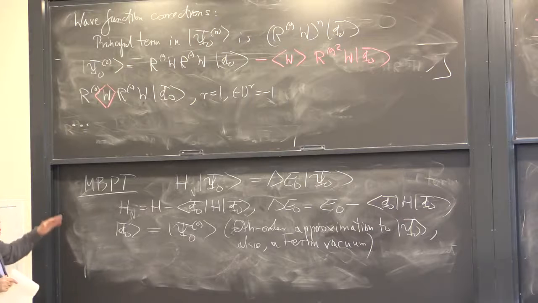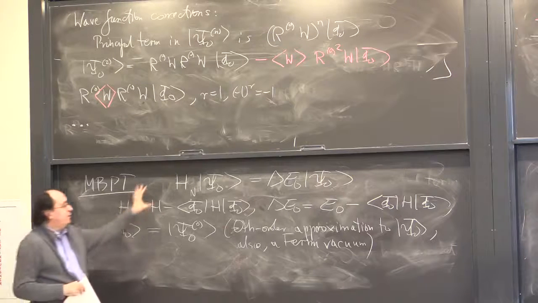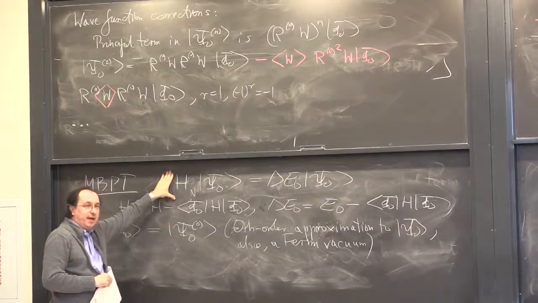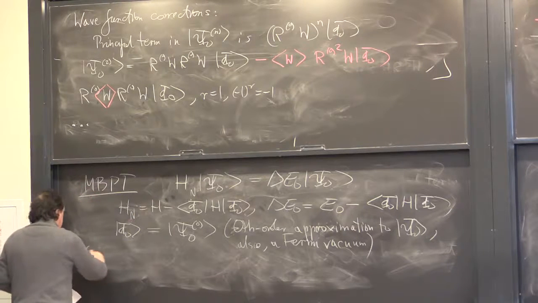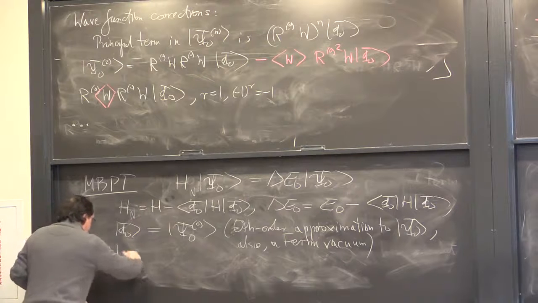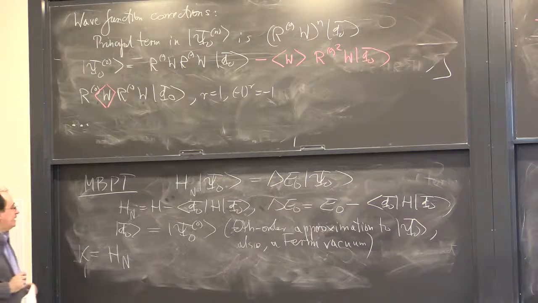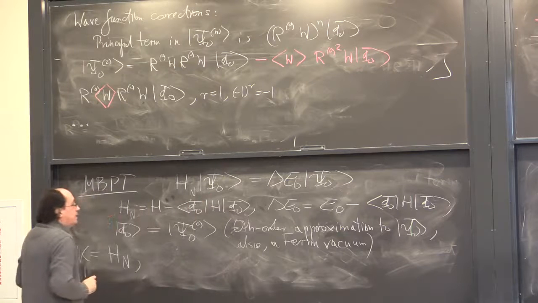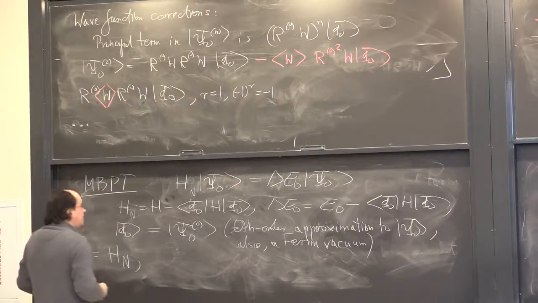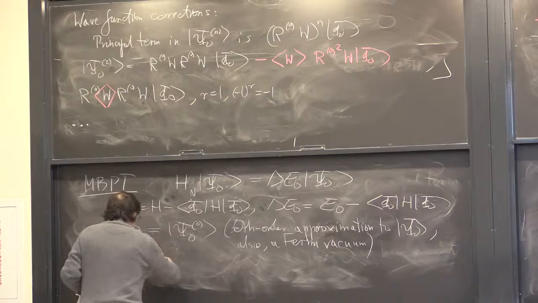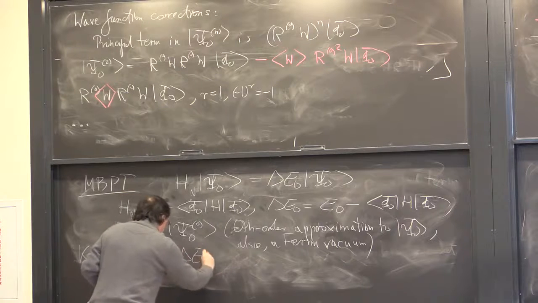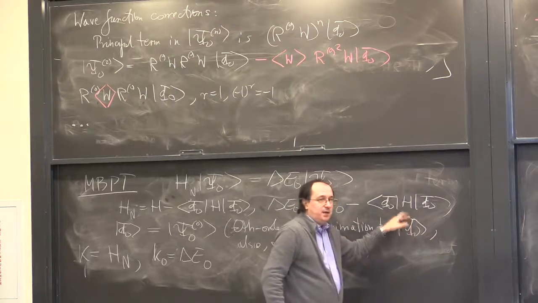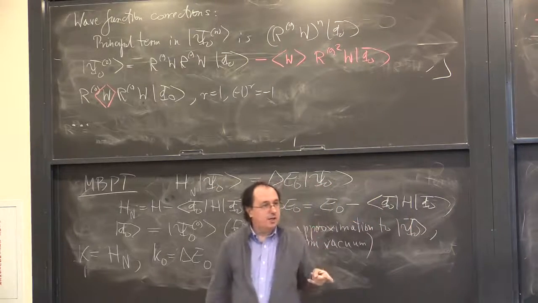So in other words, in the case of MBPT, we want to solve the Hermitian eigenvalue problem where Hn is our operator K. If you want to phrase it in terms of what we're talking about in perturbation theory, we are trying to obtain psi naught, the non-degenerate state psi 0, which is typically the ground state, and the corresponding eigenvalue K0, which is the difference between the total energy and the expectation value of it, which, as I said, is a correlation energy.